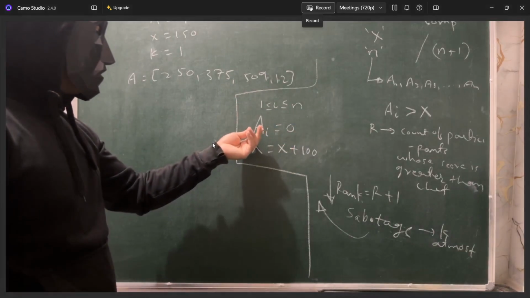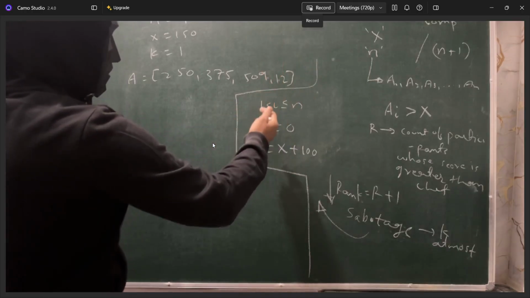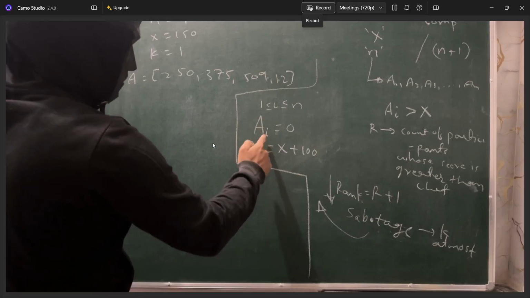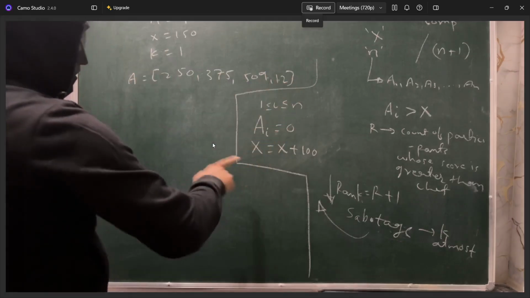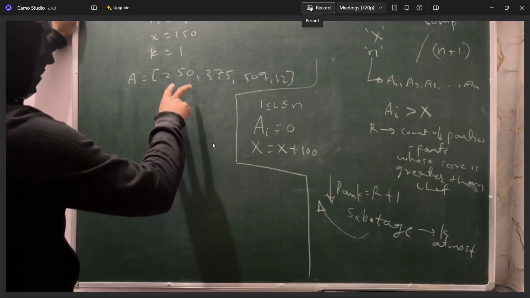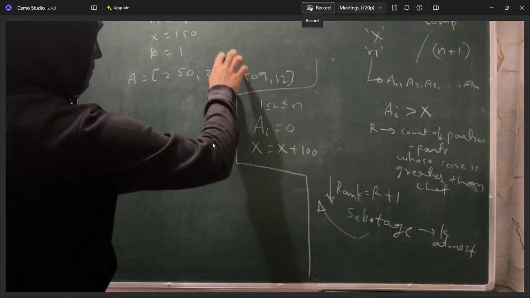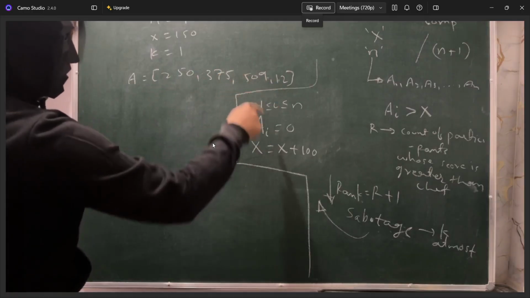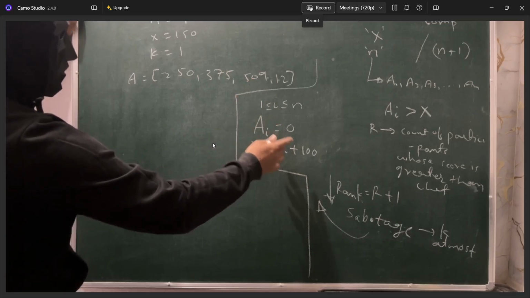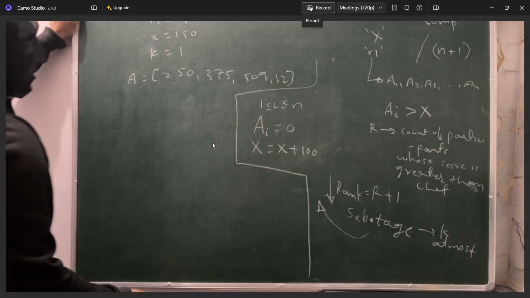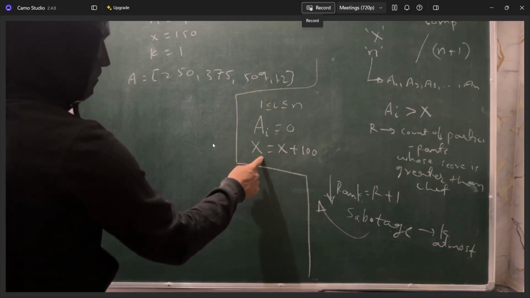So the participants who have scored maximum, the k highest participants, their score you will make 0, and then eventually chef's rank will improve. Whenever he makes another participant's score 0, chef's score is increased by 100.